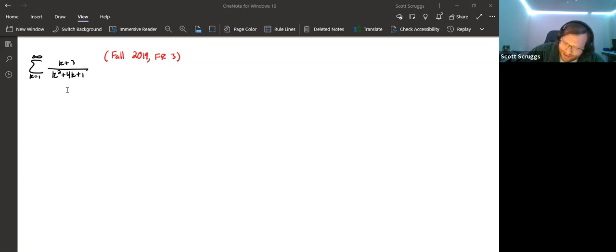So because of that, I will be using the limit comparison test here, because it looks like a rational function and there's no inequality that I can use right off the bat.